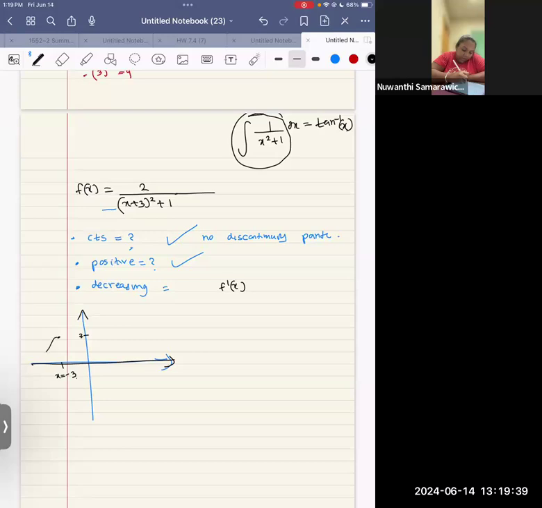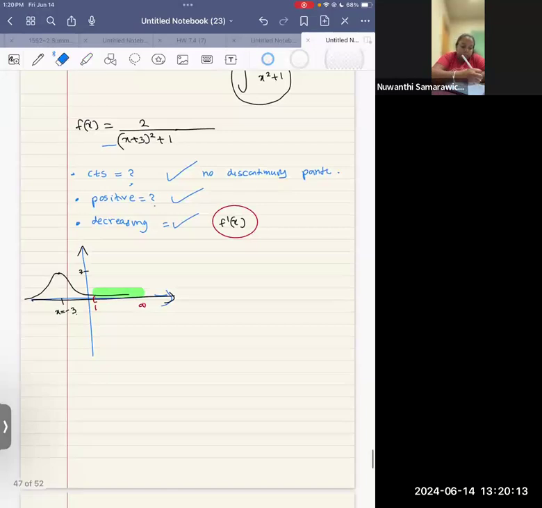So if you draw the graph roughly, you will get something like this. But we need only this part, that is 1 to infinity. Like we discussed before, this whole part is decreasing by looking at the graph. So if you can draw the graph, you don't have to find the first derivative. So by looking at the graph, we can say f is decreasing too. Now you can use the integral test.